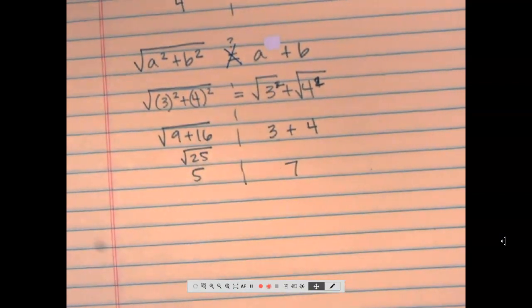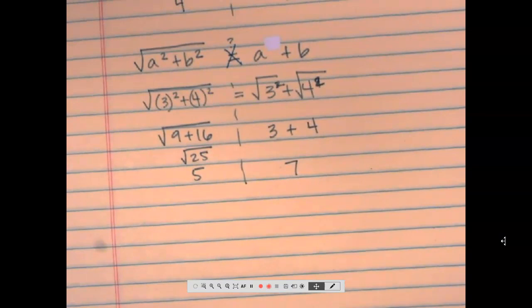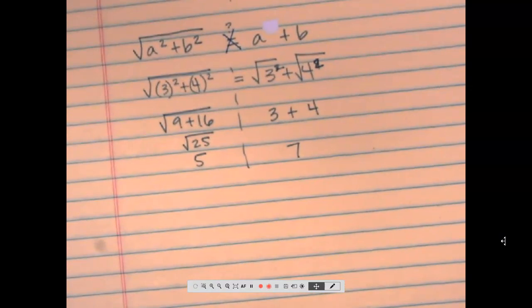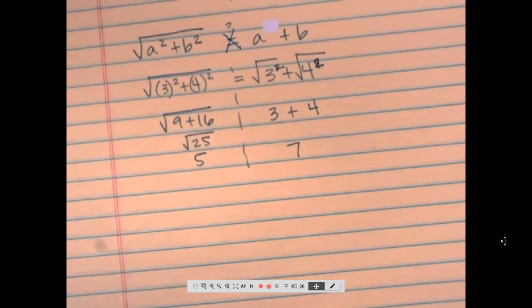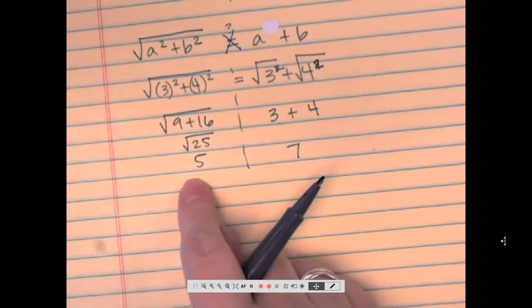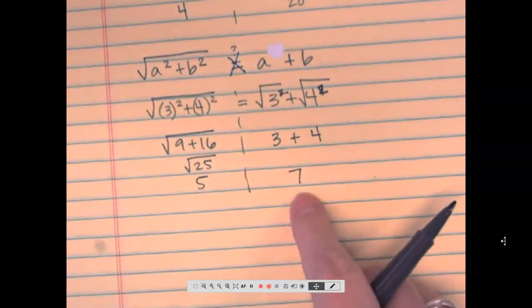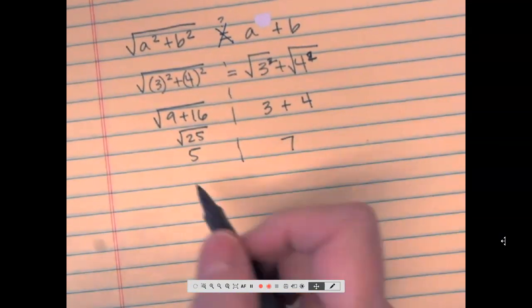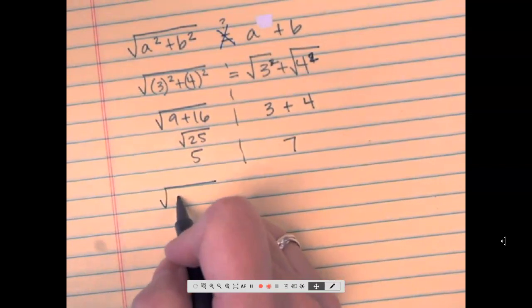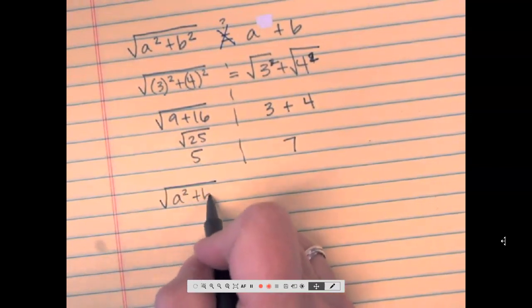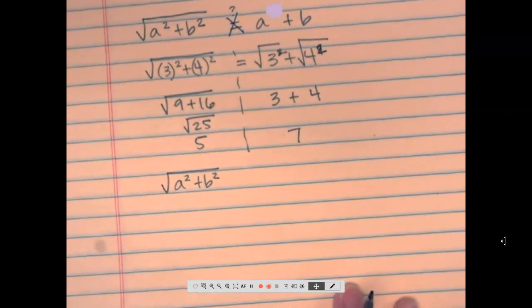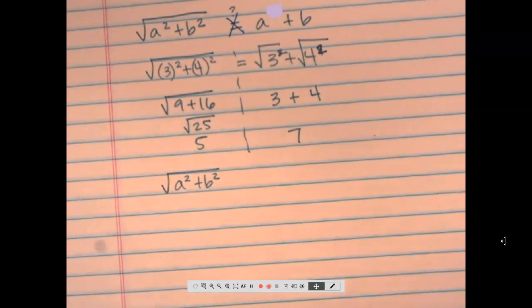Which is correct? I mean, they can't both be right. One of them has to be the right way. So which is correct? The left. So this is the correct method to simplify that. This would be the incorrect method. So if you had something like this, it is so tempting to say that that is a plus b, but it is not.